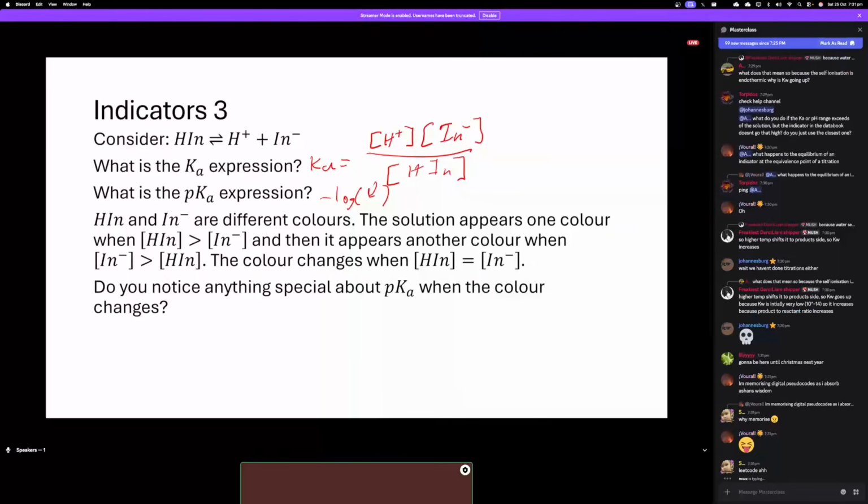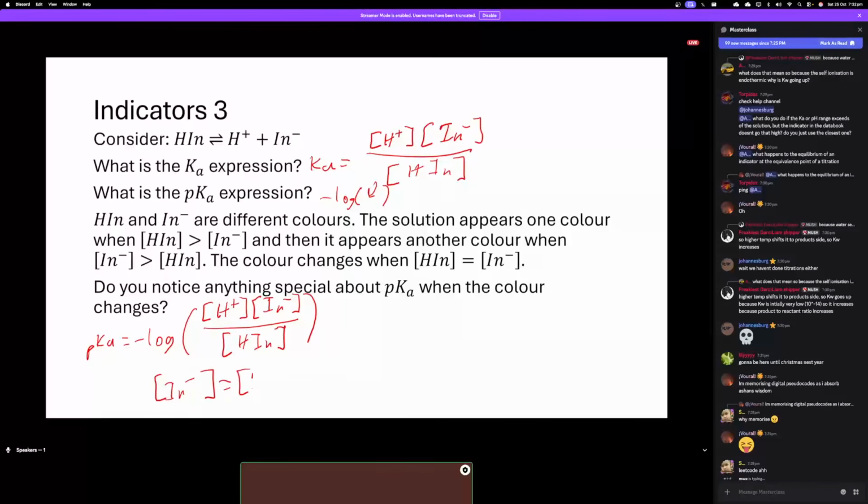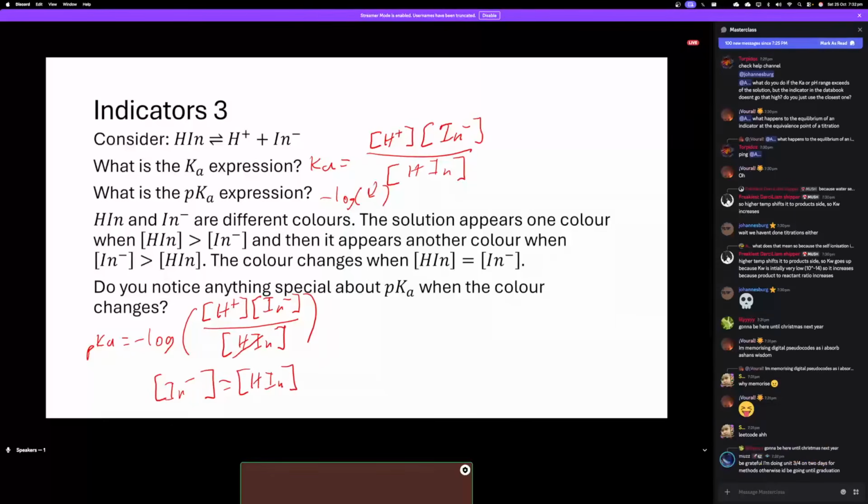If I write out pKa, it's the negative log of the concentration of H plus times the concentration of In minus, over the concentration of HIn. If In minus equals HIn, then these two cancel each other out, so they just disappear.